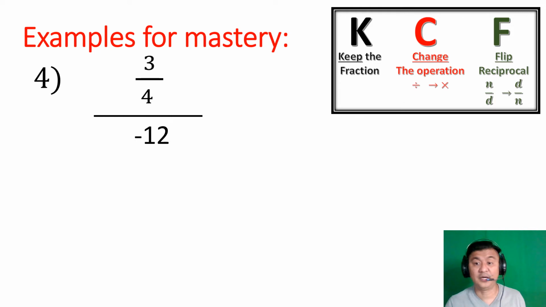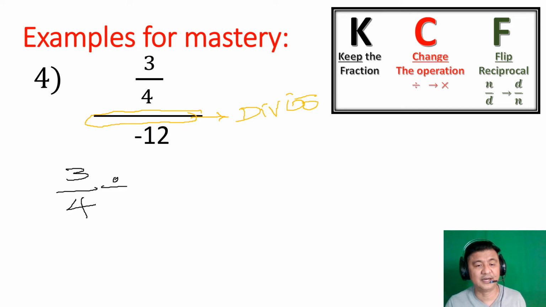Next. Whoa, another complex fraction, right? So don't be scared. You don't scare me. That bar simply means divide, all right? Divide. So let's rewrite it as division. So 3/4 divided by negative 12.